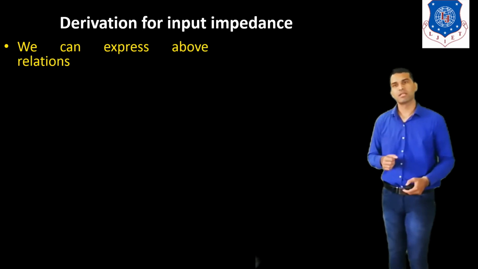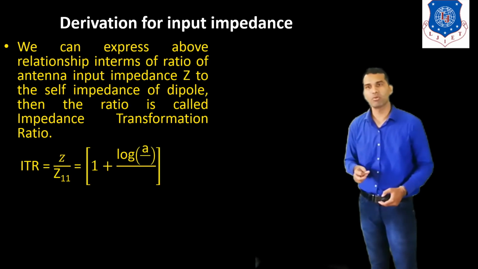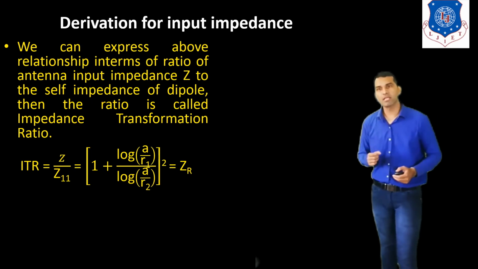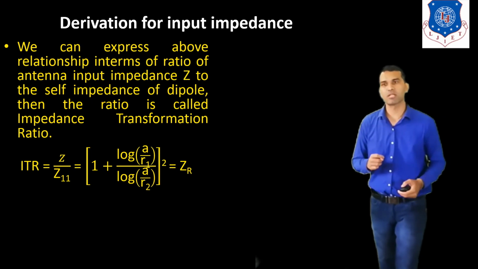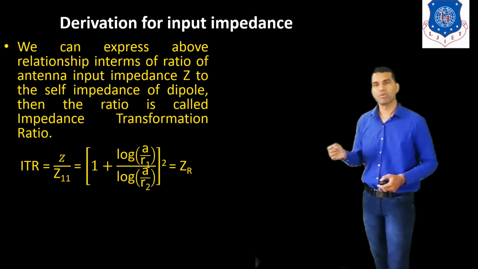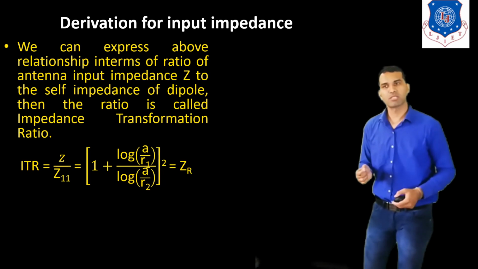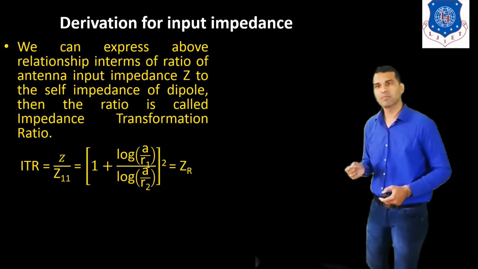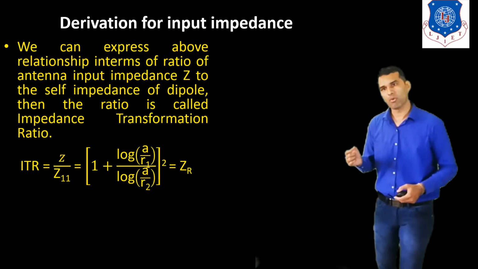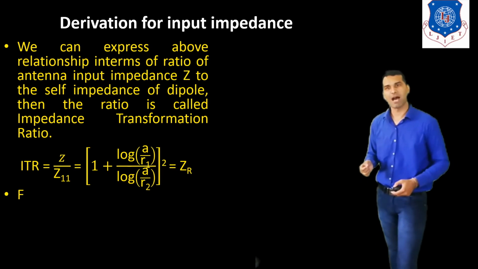We can express the above relationship in terms of the ratio of antenna input impedance Z to the self impedance of the dipole. This ratio is called the impedance transformation ratio, or in short ITR. So ITR equals Z upon Z11. Here the Z11 term cancels, so we get the impedance transformation ratio equals (1 plus log A upon R1 over log A upon R2) squared, which we can write as ZR.